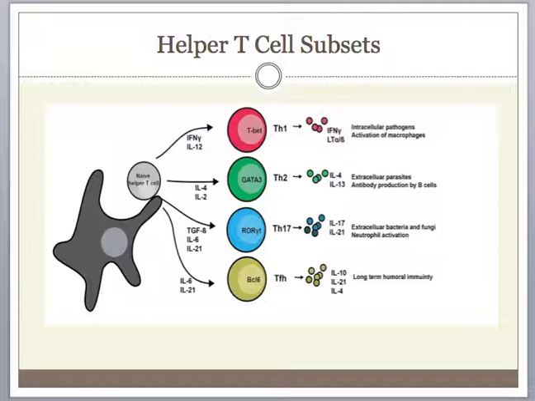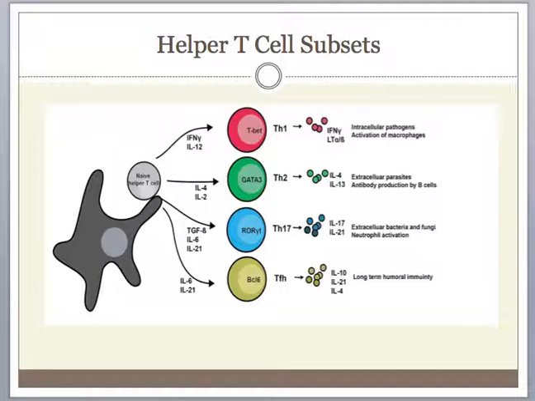There's T helper type 17 cells, which play an important role in cell-mediated immunity and also help defend against fungi. And that one's kind of a recently discovered cell. And T follicular helper cells play an important role in the humoral immunity and the regulation of B cell development in germinal centers. So whichever helper T cell responds depends on what type of pathogen has infected the animal. It depends if it's intracellular, extracellular, viral, bacterial, fungal, any kind like that.